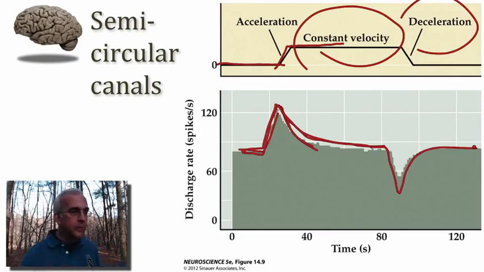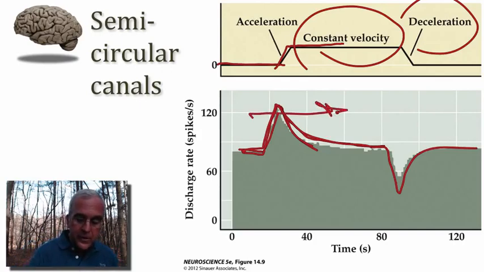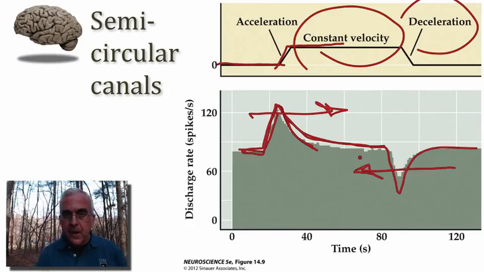Now, as we decelerate, we essentially are producing the opposite biomechanical effect. That is, we are reducing the rate of rotation, and that's causing the endolymph to flow against the decelerating crista or the decelerating cupula. And so that's going to now deflect the hair cells in the opposite direction. And that will produce hyperpolarization and a reduction in the release of transmitter on the eighth nerve afferent, and therefore a reduction in firing rate.